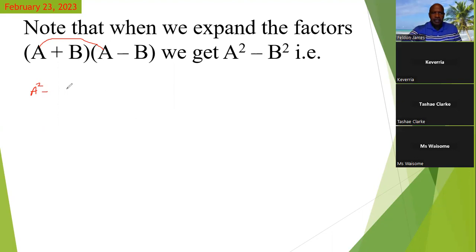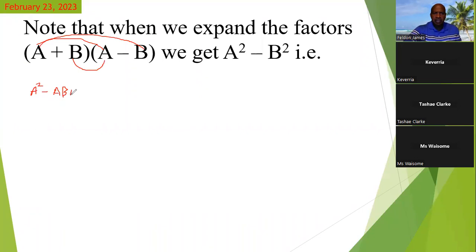All right, as I was saying, guys, we have a squared minus ab. And now we have b times a, which is the same as what? ab.